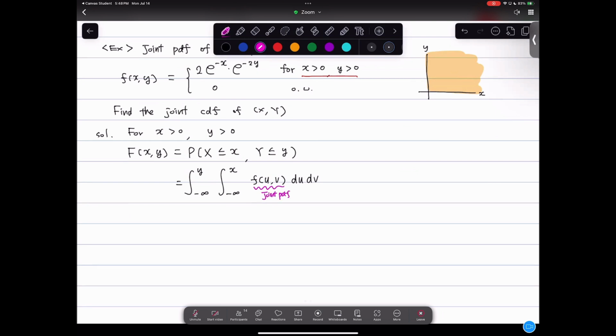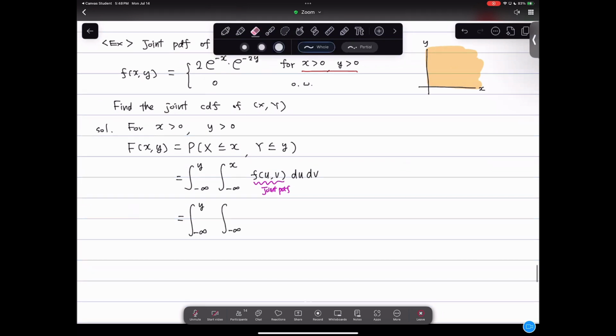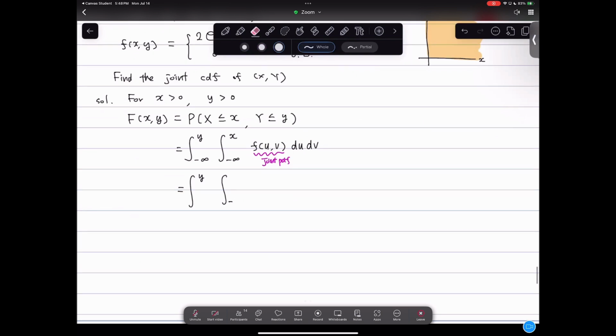All right, so the rest is calculus. I'm going to do the double integration from negative infinity to some number y, and negative infinity to some number x. But I don't have to go from negative infinity anymore because this entire joint PDF has no probability below zero.